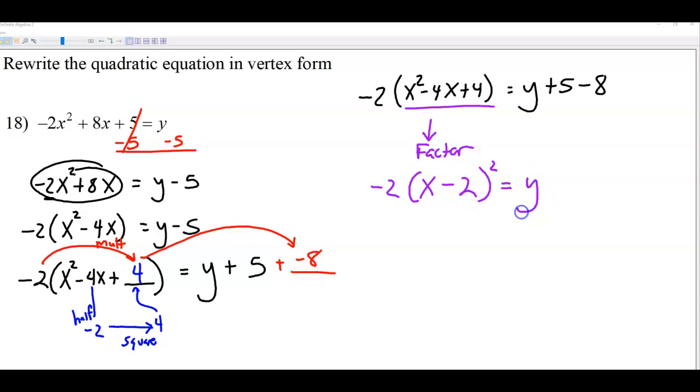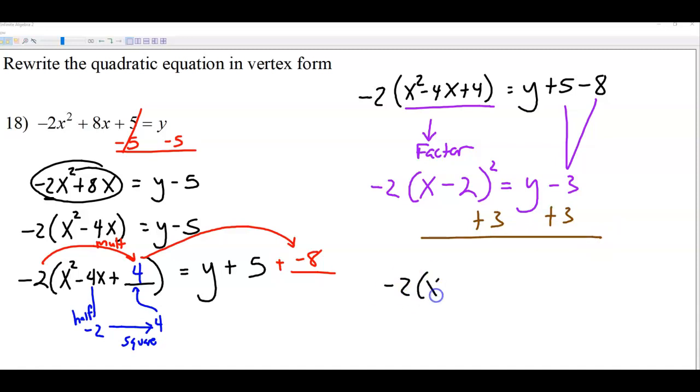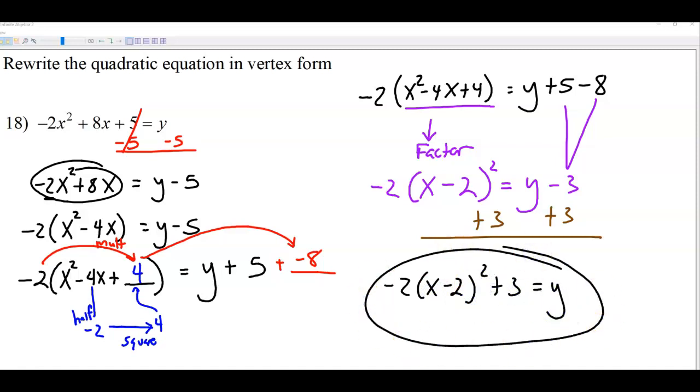And then on the other side here, we can combine these together. 5 take away 8 is -3. And I forgot, we actually do have one more step. The last step is to move the 3 over. So I'm going to add 3 on both sides like that. And that will give us our final result of y = -2(x - 2)^2 + 3. And so you'll have that as well.